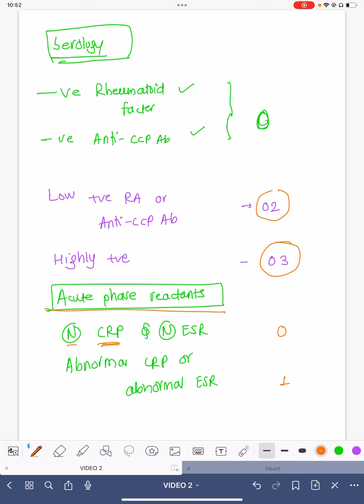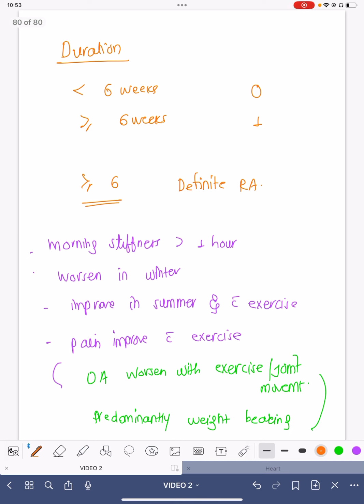If CRP, the C-reactive protein, and erythrocyte sedimentation rate are normal, we give a score of 0, and if they are high, we give a score of 1. And the last thing is the duration. If the duration of all the symptoms, all this joint pain, is less than 6 weeks, we give a score of 0. If the duration of the joint pain is more than or equal to 6 weeks, we give a score of 1.